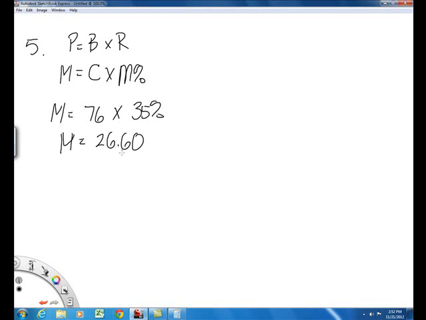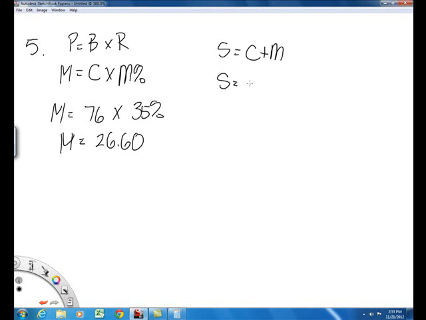That also equals the amount of money that I'll earn every time I sell this particular item. Okay? They want to know what the selling price is. Well, the selling price equals my cost plus the actual mark on amount.